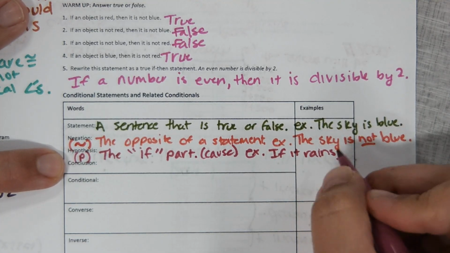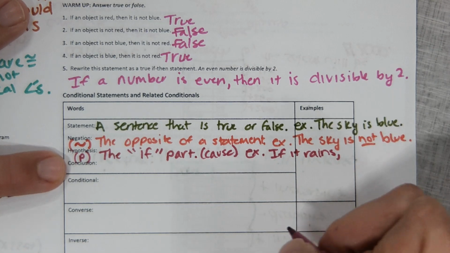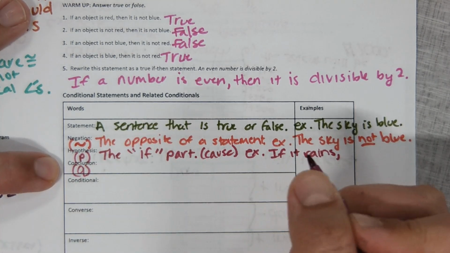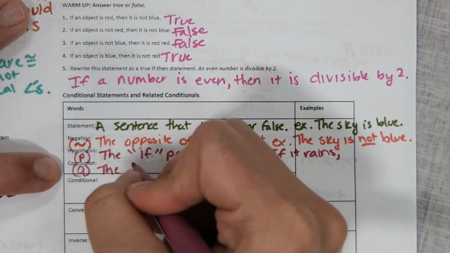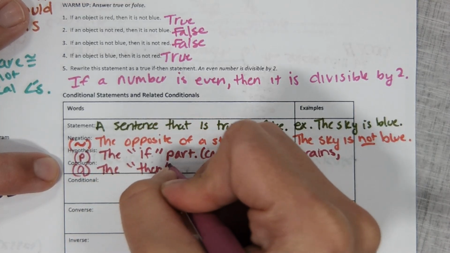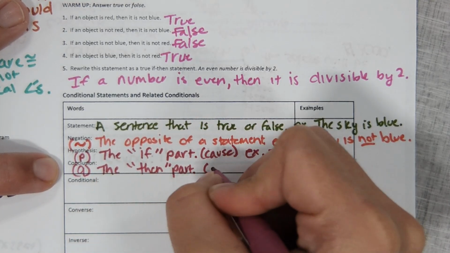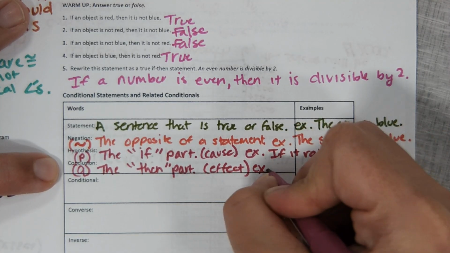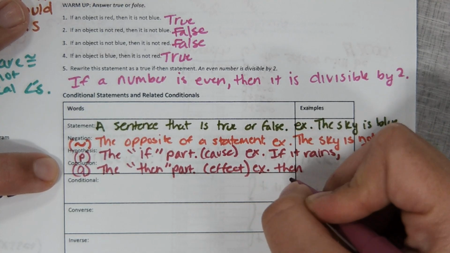And just leave a comma, because then the conclusion will be the second part. And then conclusion, abbreviated as Q. That's the then part. It's the effect. So the example, if it rains, then the ground is wet.